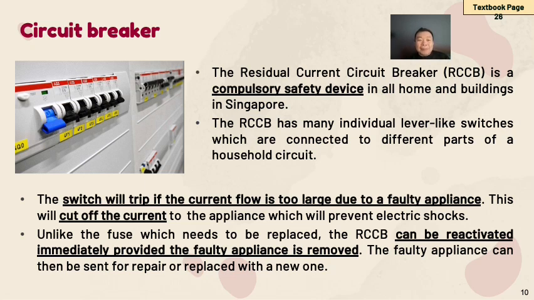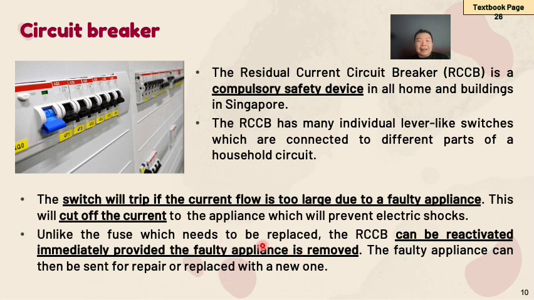Okay, so circuit breaker, like what I've said just now, you have one in every household, and there are many switches in a circuit breaker. Each one represents a different part of the household. When the current flow is very big because there's a faulty appliance, the switch will trip and turn off. This will cut off the current and cause a blackout in the house.